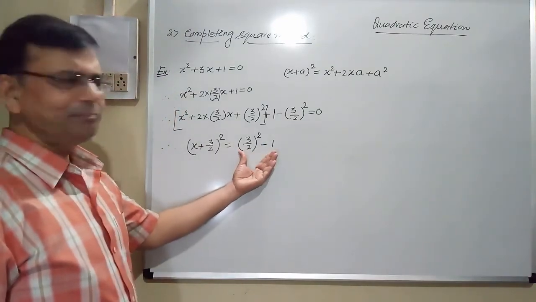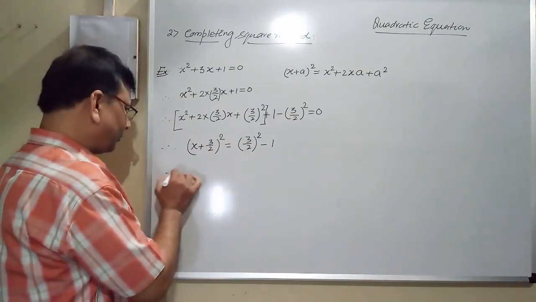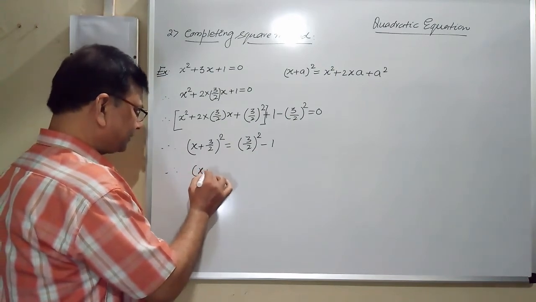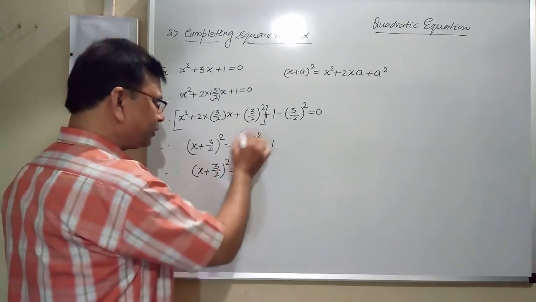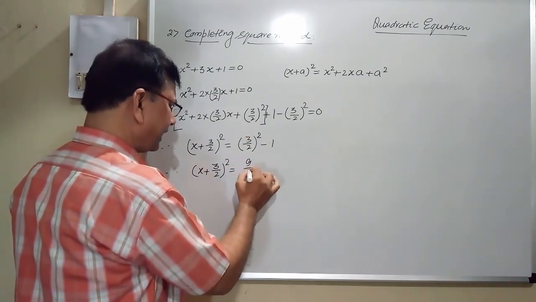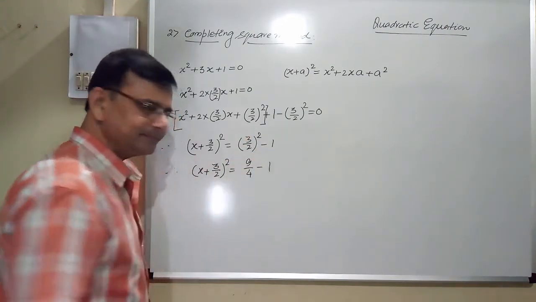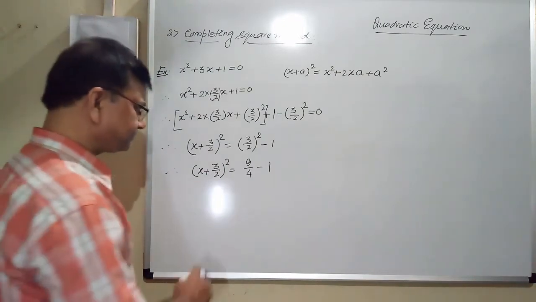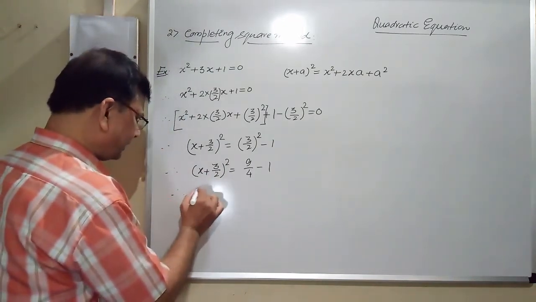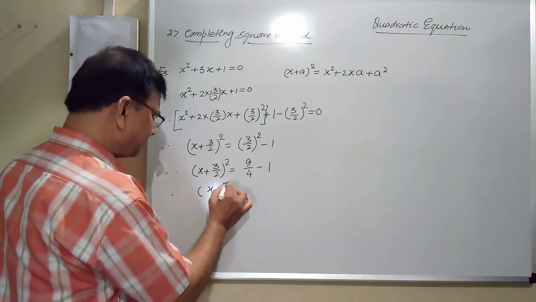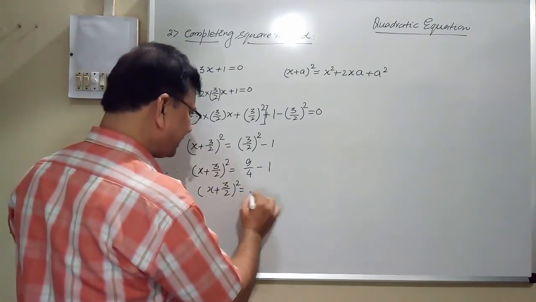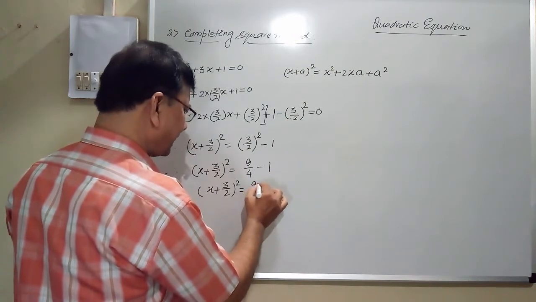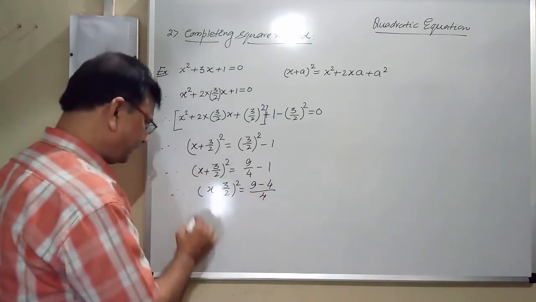Now I will simplify this. Therefore, x plus 3 by 2 whole square is equal to 9 by 4 minus 1, right? Therefore, x plus 3 by 2 whole square is equal to, LCM is 4, so that is 9 minus 4.